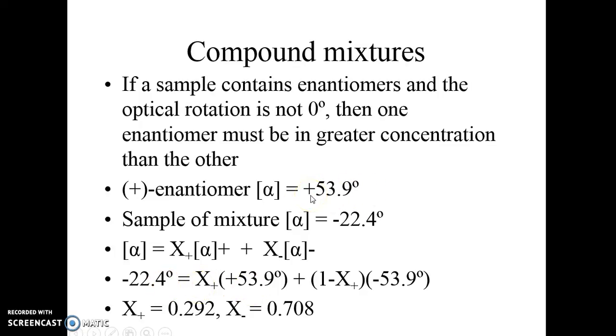So if the specific rotation is 53.9 and the sample of the mixture is negative 22.4, negative 22.4 is going to be the mole fraction of the positive enantiomer times the positive value, plus the mole fraction of the negative enantiomer, which is 1 minus the positive enantiomer, times the negative enantiomer's optical rotation. And then all you have to do, that's one equation in one unknown, and it's easy to solve using algebra.